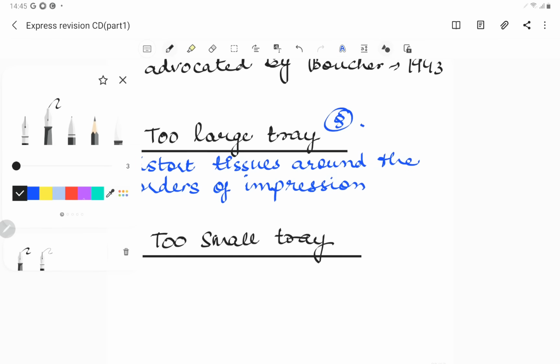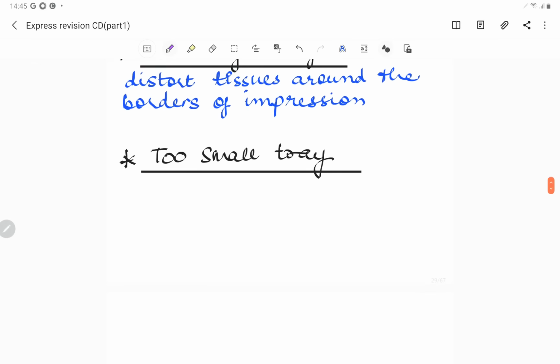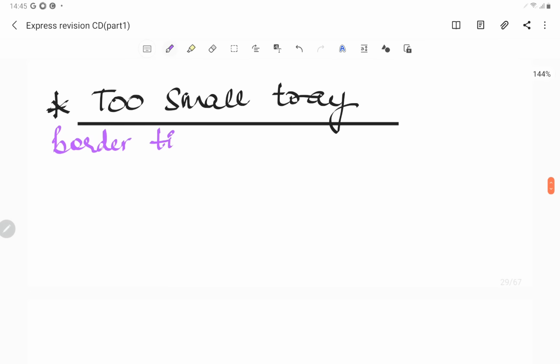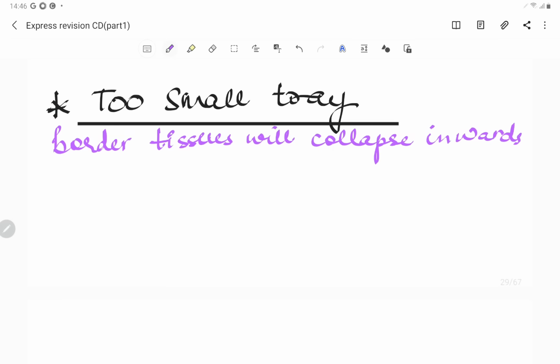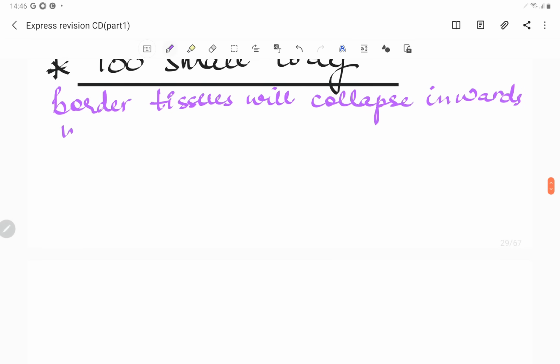Because the border tissues will collapse inward, into the ridge, because the tray is small, and because of that there is going to be reduced support of the denture.